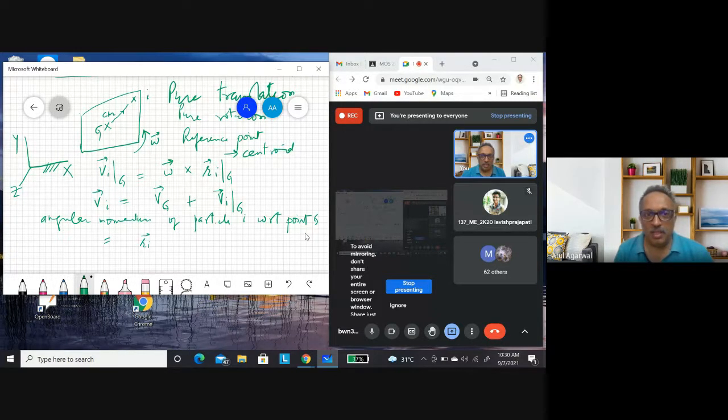Ri cross mass of the particle mi, absolute velocity of the particle I. So this is angular momentum of particle I with respect to point G. Any problem with this? So you can call it absolute angular momentum. We have taken absolute velocity of point I, particle I.